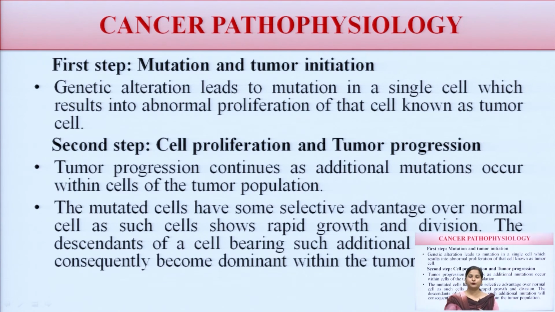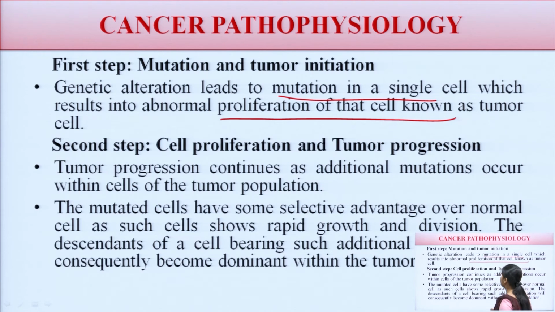Now, the mutation occurs in various stages. First is the mutation and tumor initiation. Here there is a genetic alteration which leads to a mutation in a single cell and results in abnormal proliferation, which is known as the tumor cells. Second is cell proliferation, or tumor progression.